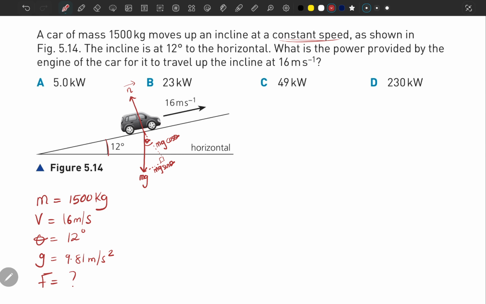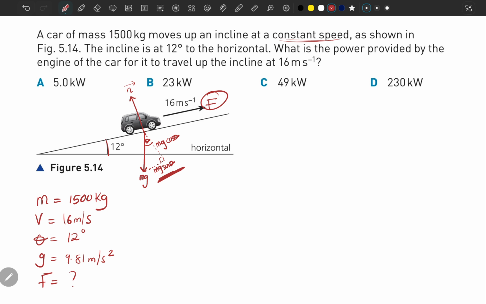Now that we have that, what we are looking for: this force here in the y-axis is the one which is parallel to the force that we are looking for, and they are parallel to each other. By the way, this car is going up, and for now we assume there's no friction.